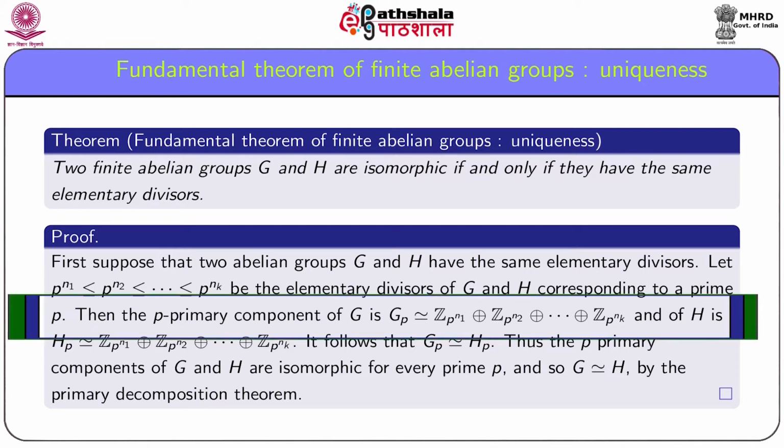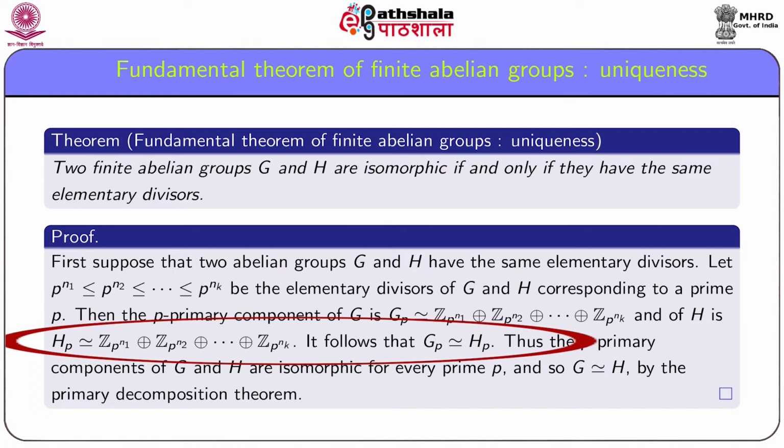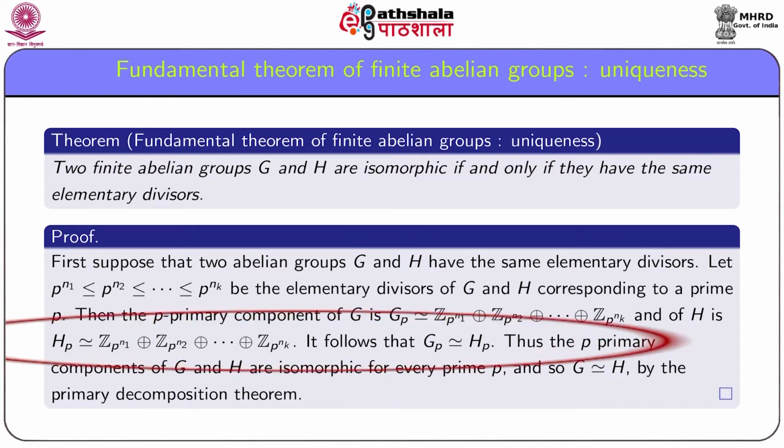Then the p-primary component of G is Gp, which is isomorphic to Z p to the power n1 direct sum Z p to the power n2 direct sum, and so on, direct sum Z p to the power nk, and that of H is Hp, which is isomorphic to Z p to the power n1 direct sum Z p to the power n2 direct sum, and so on, direct sum Z p to the power nk.